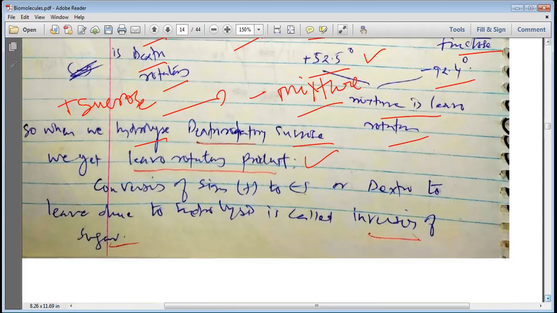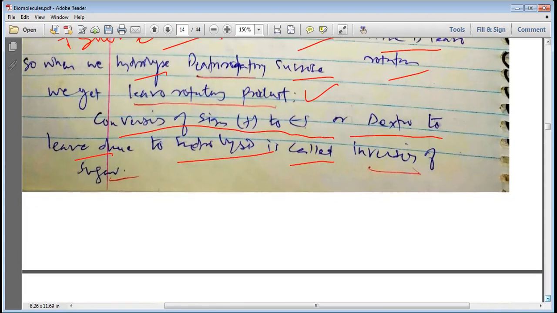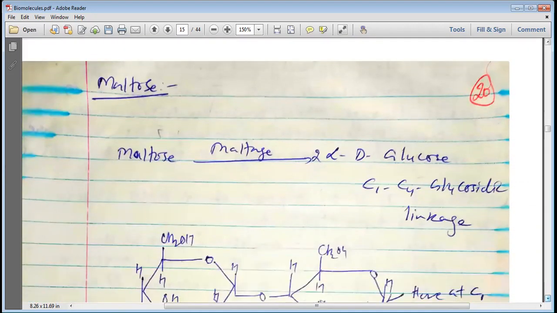So this is how, my dear students, we consider the conversion of sign from plus to minus, or dextro to levo, due to the inversion. This kind of process is known as the inversion of sugar or inversion of sucrose.